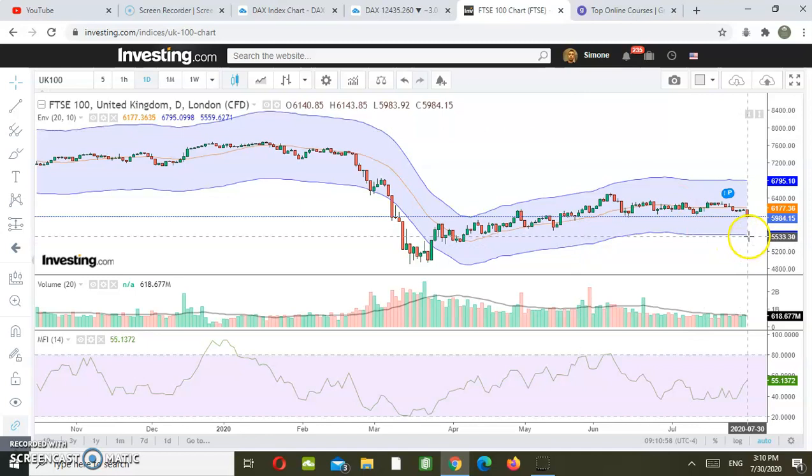Again, the lower band is passing by around this area, so 5,560 points. So this is the price target where I do believe we are going to see the FTSE100 over the next weeks.